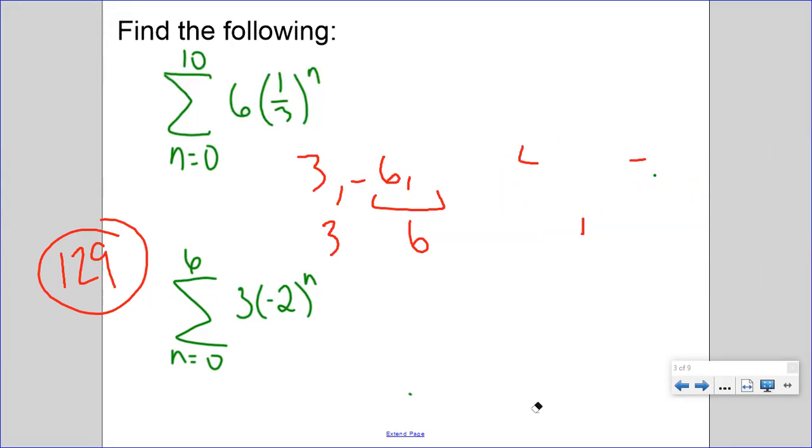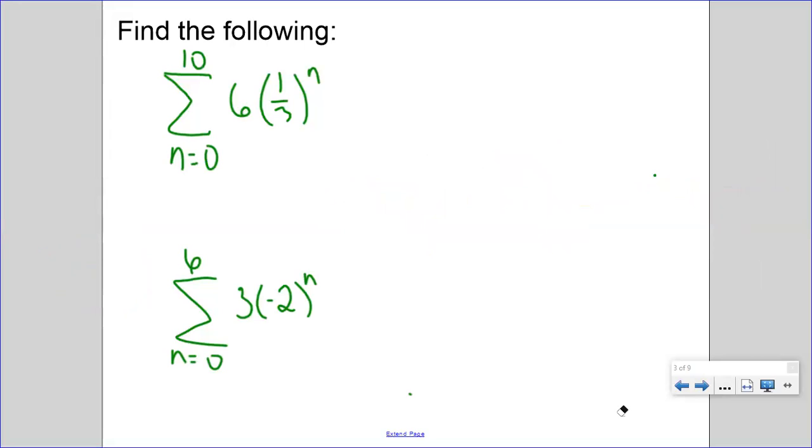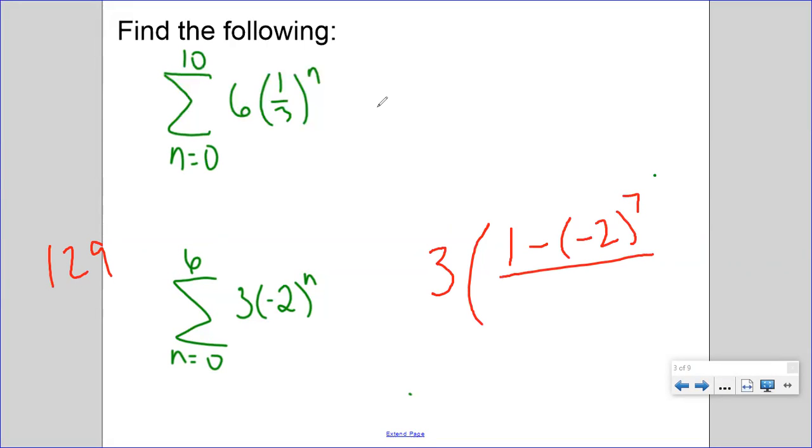Wait, I multiplied by 2 and I don't know why. The denominator, yeah. So it should be 3 times 1 minus -2 to the 7th, because there's 7 terms, over 1 plus 2.